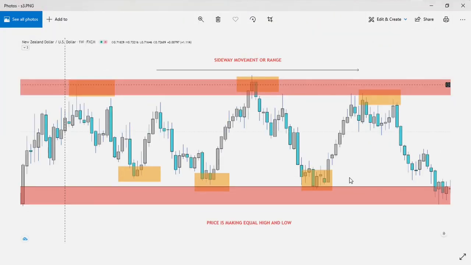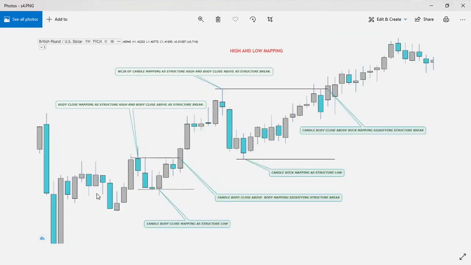So let's take a deeper look into it. Now, these are the two illustrations I have here. First of all, we're going to be looking at the body close. The body close mapping as structural high and body close above as structural break.